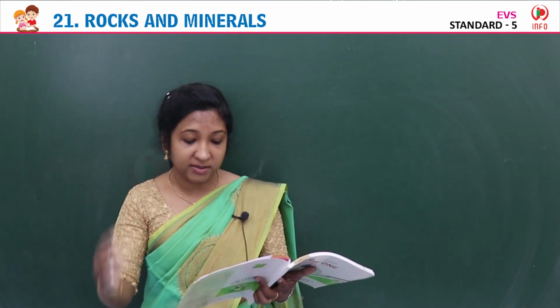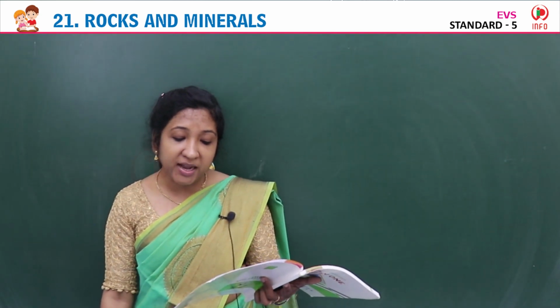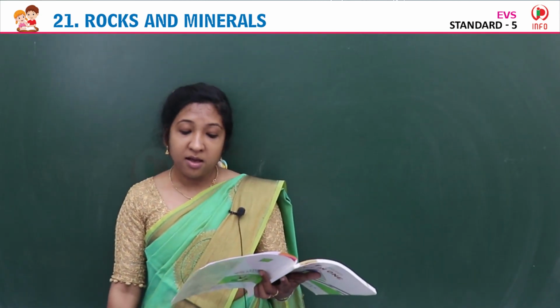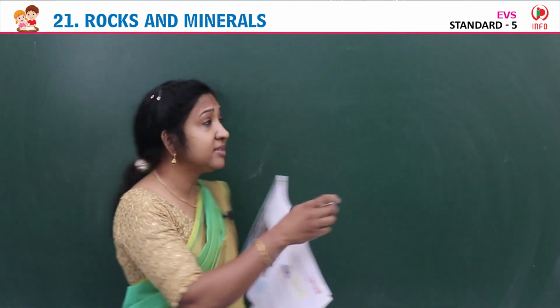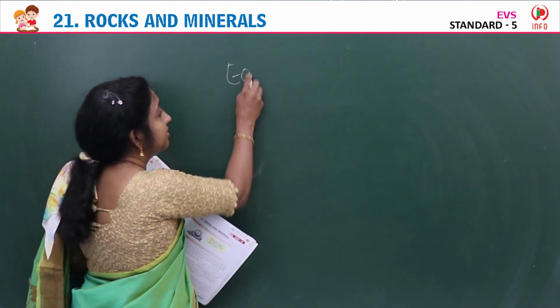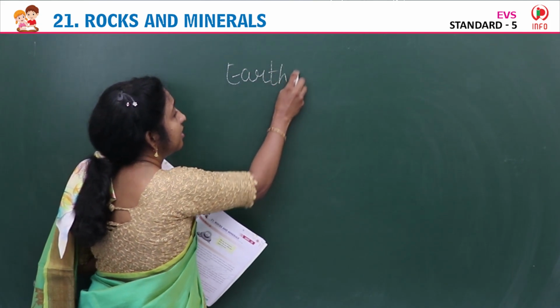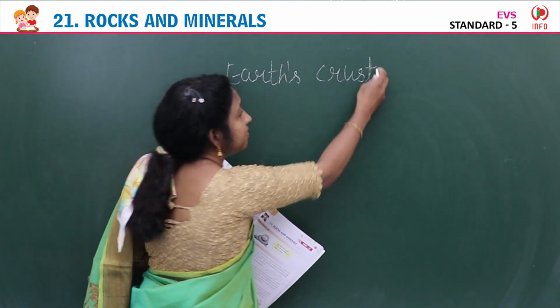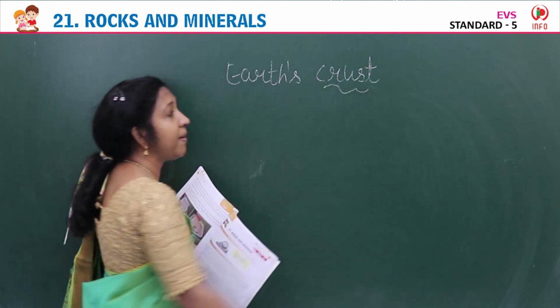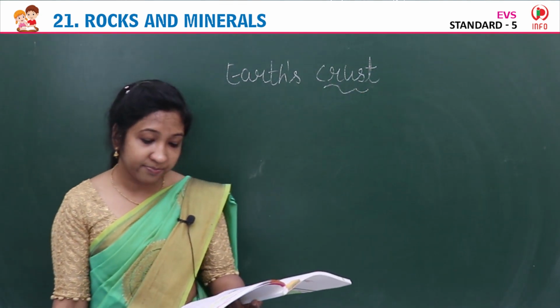The crust is made up of rocks and minerals. So earth's crust is made up of rocks and minerals. This is the outer part of the earth.